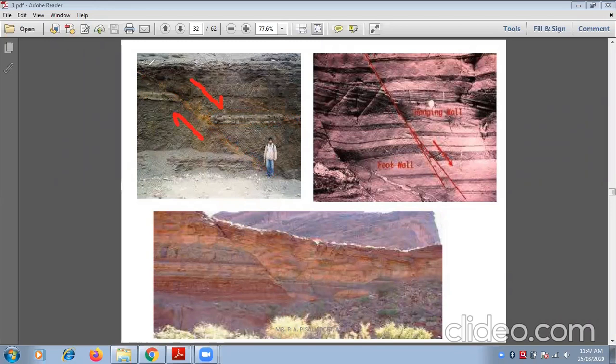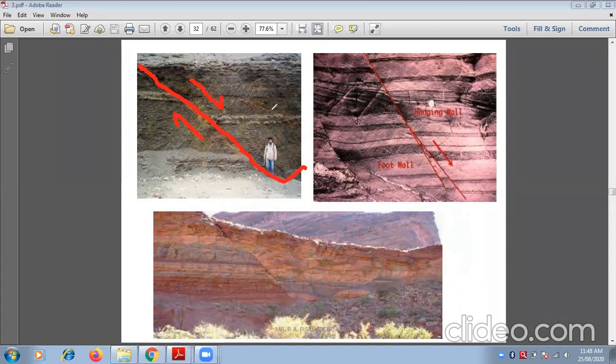So this is the fault plane, and the block which rests above the fault plane is considered the hanging wall, and the block which is present below the fault plane is considered the footwall. So here the hanging wall moves downward and the footwall moves upward. So this type of fault is considered a normal fault.